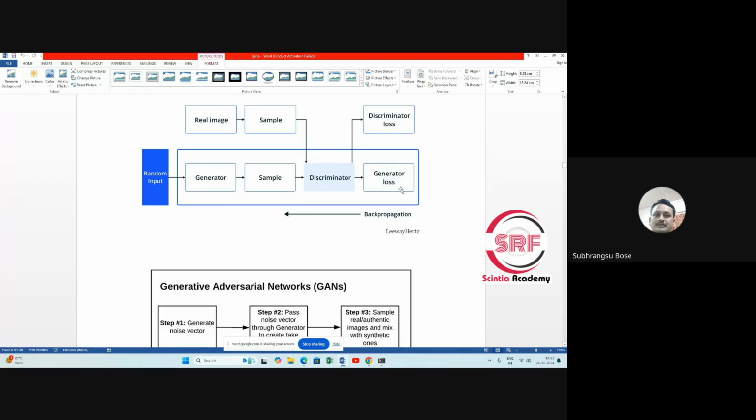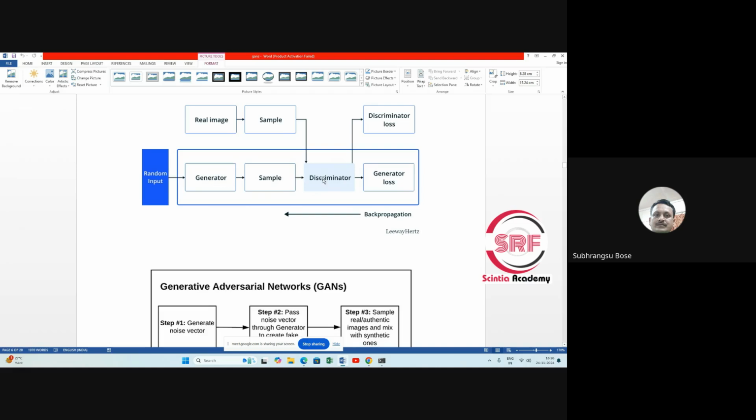This loss value is backpropagated to the generator system again, which creates a sample or image again, and again a loss value, and the loss value is minimized with continuous iteration. This is generator training.